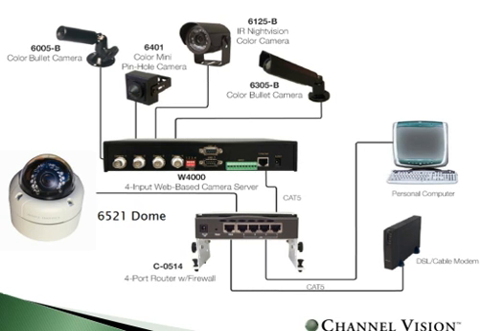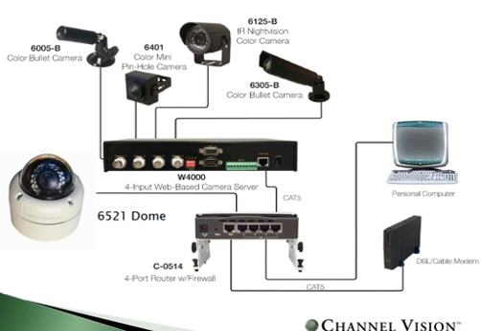Now, what we're showing here is a little bit of old school versus new school. Taking a standard CCTV camera, you would have to go to some type of web-based server and then go into your router or your switch. That connects to the modem, and you have your computer plugged into the router or the switch.